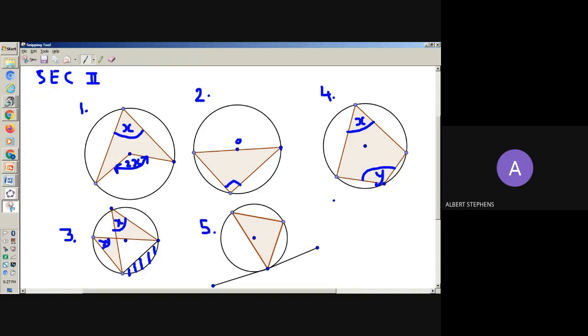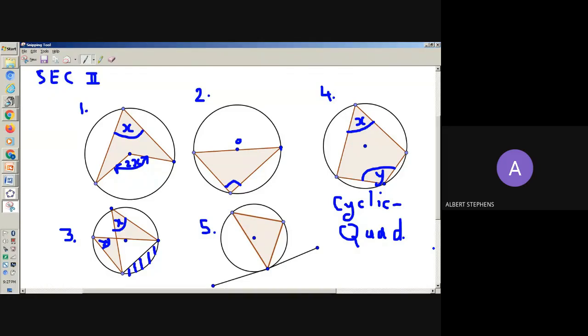By the way, this has a special name. It's called a cyclic quadrilateral. Not bicycle, you know. Cyclic as in circle, quadrilateral. I'm just going to write QUAD for quadrilateral. So anytime you have a cyclic quadrilateral, opposite angles in those quadrilaterals are supplementary.